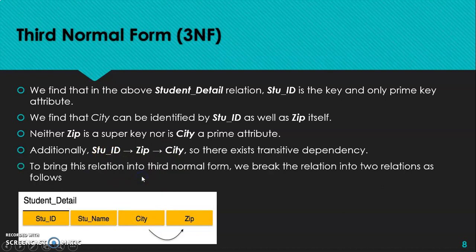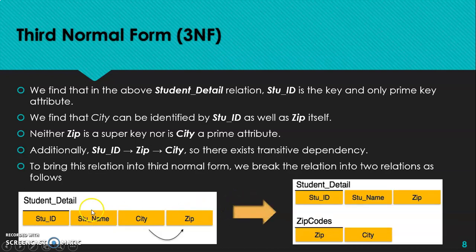To bring this relation into third normal form, we have to break this relation. So it can be student details with student ID, name and the zip code. Then we have another relation, that is zip, and we have city as a non-key attribute. So we can identify the city based on the zip.